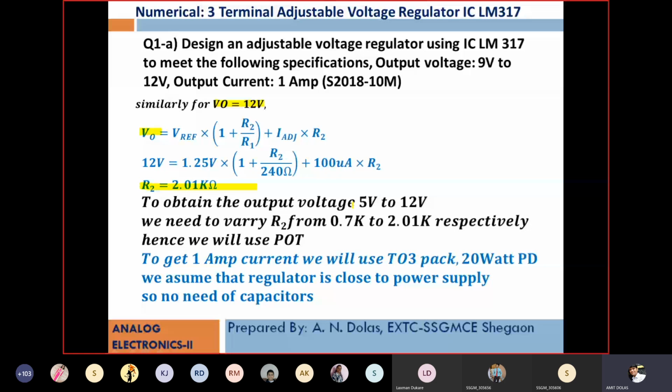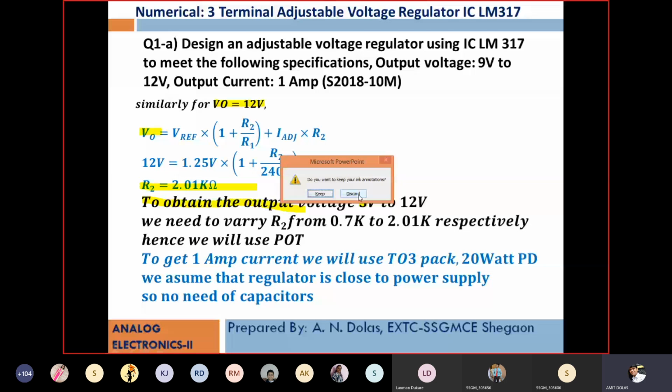So if you vary the resistance R2, which is placed between the adjustment and ground terminal, between 1.5K to 2K, then you will get a variable voltage range of 9 volt to 12 volt. I have copy pasted this, it must be 9 volt. And we need what?